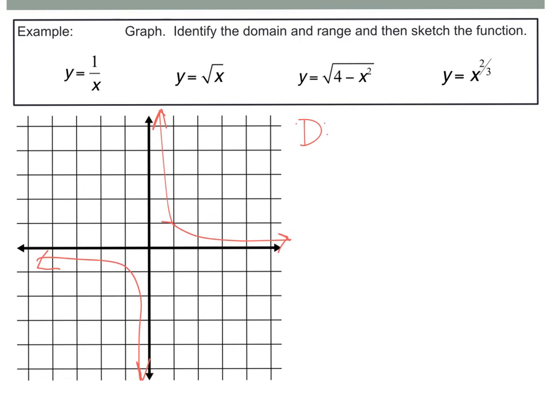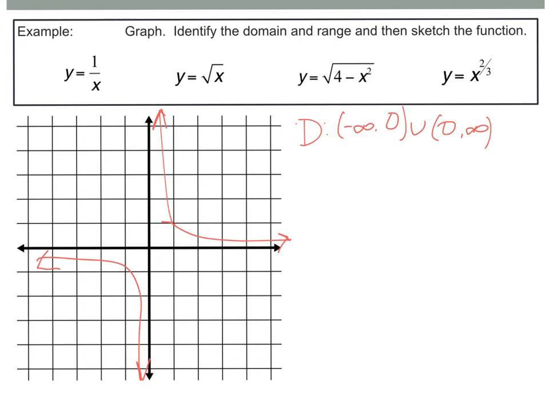So if I was talking about the domain of this, where it goes on the x-axis, what's the lowest it gets on the x-axis? Negative infinity. It's going towards negative infinity, going on forever. Positive infinity as well, right? It's going all the way to positive infinity. But there is a problem in the middle: 0. It never touches 0. So the way we would write that domain is from negative infinity up to 0, and then you put a U, which means union, and then it goes from 0 to infinity.